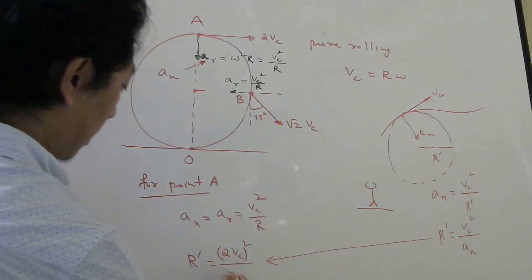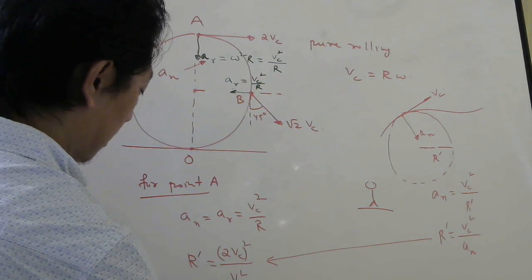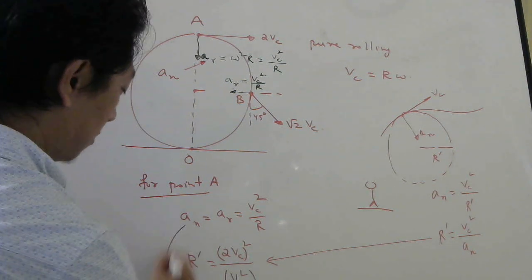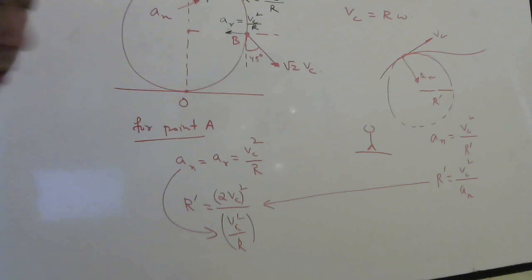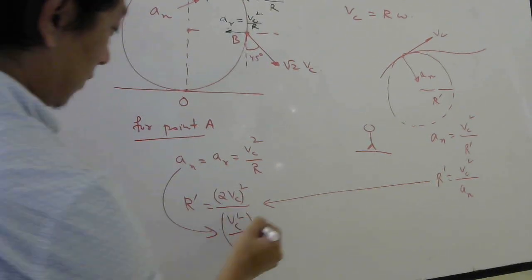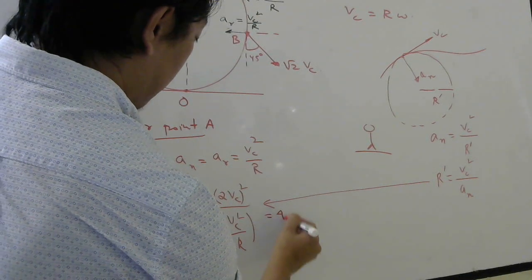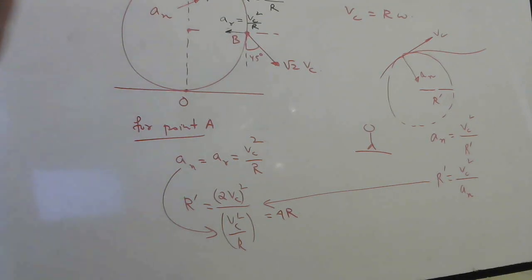What is normal acceleration? Vc square by r. Right? This is normal acceleration. It's not visible, right? Okay. So if you now see, Vc square will cancel. So the radius of curvature from ground frame is 4r.